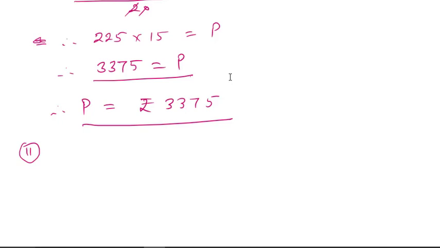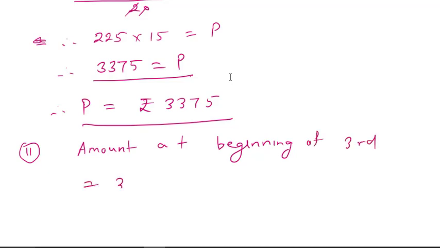So the amount at the beginning of the third year will be equal to this rupees 3375 plus interest for first year which we got, 225, plus interest for second year which is 240.